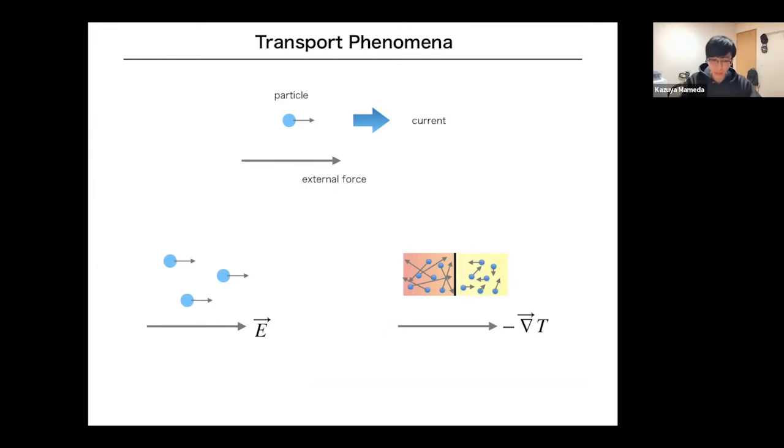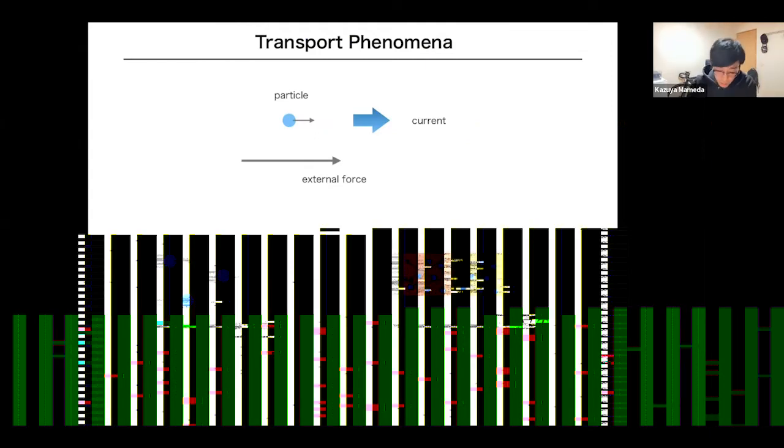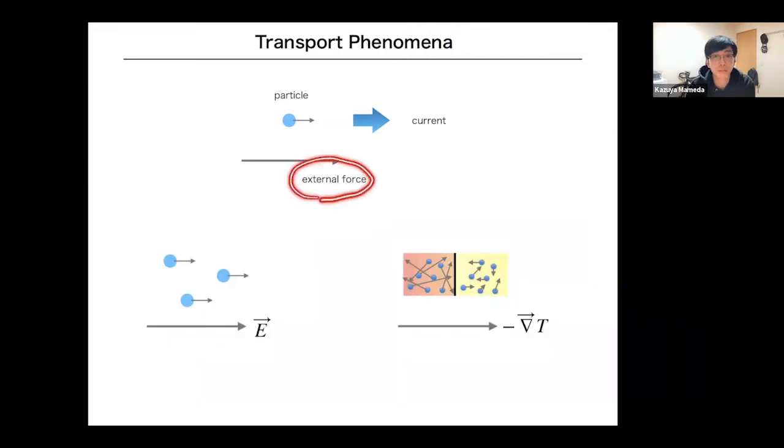So now we are going to talk about the general concept of transport phenomena. Transport phenomena are induced by some external force acting on the particle. For example, if this particle feels an external force aligned in this direction, we have some current along this direction.